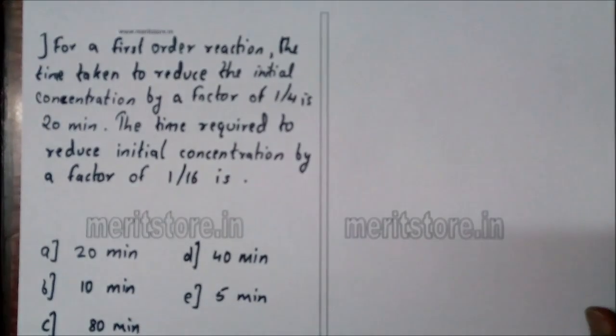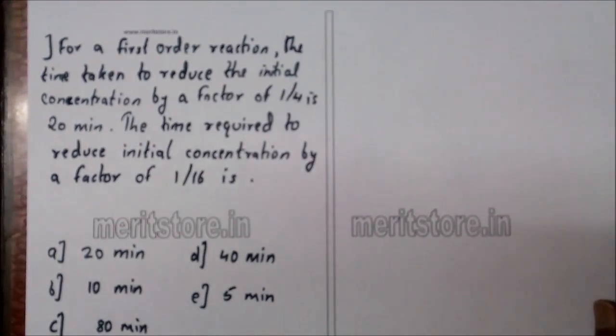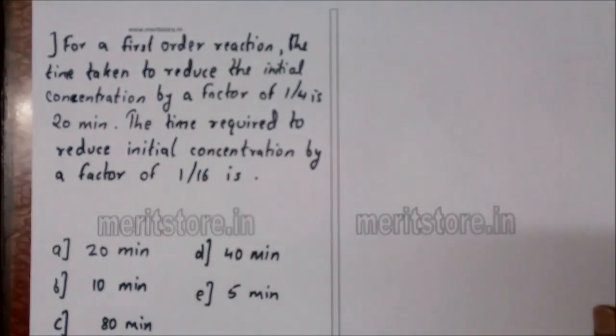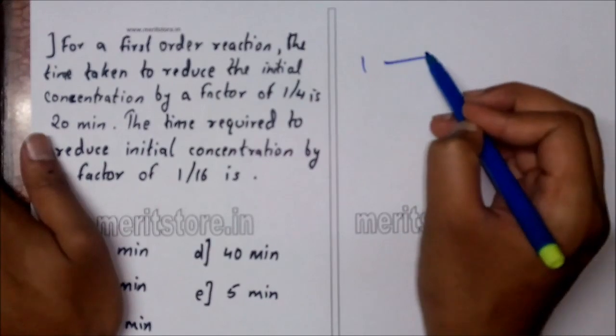So our next question is, for a first order reaction, the time taken to reduce the initial concentration by a factor of 1/4 is 20 minutes. The time required to reduce the initial concentration by a factor of 1 by 16 is, let 1 be the initial concentration.